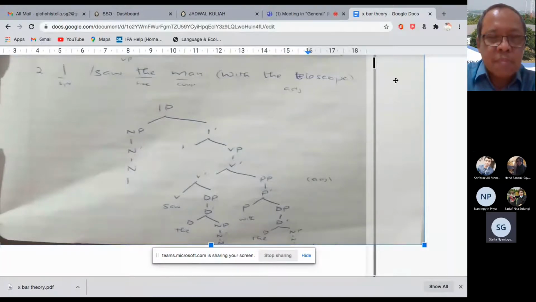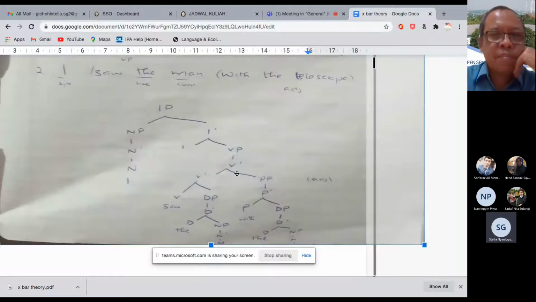This VP branches to the V bar. And remember, we have an adjunct here, with the telescope. So this V bar will branch again to V bar and a prepositional phrase, which is our adjunct.